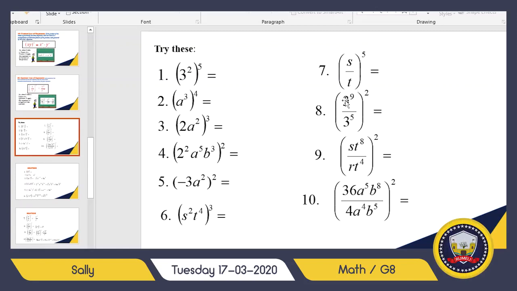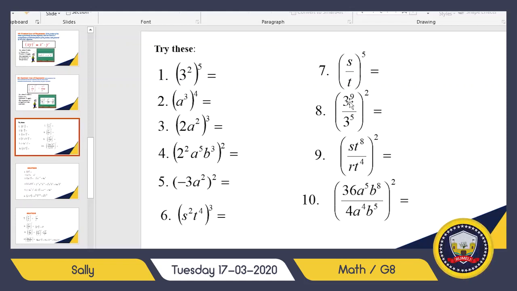What about here? Here 3 to the power of 9 over 3 to the power of 5 all to the power of 2. Do you remember when I told you before, if I have powers having the same base that are divided, I just subtract the powers.